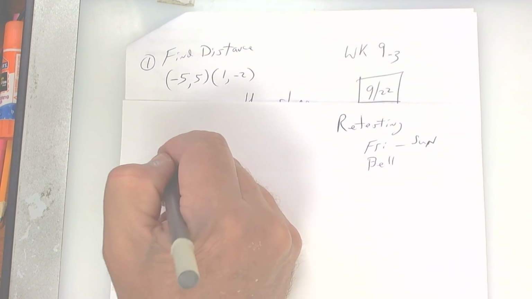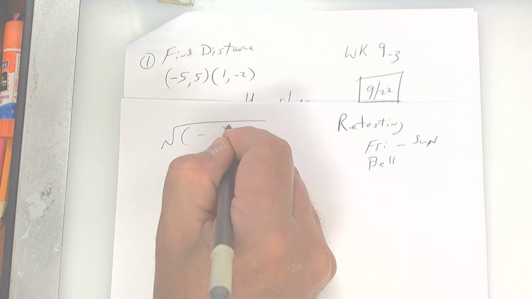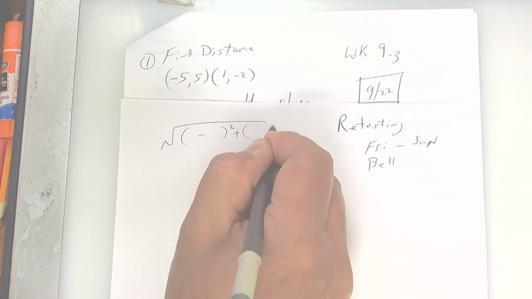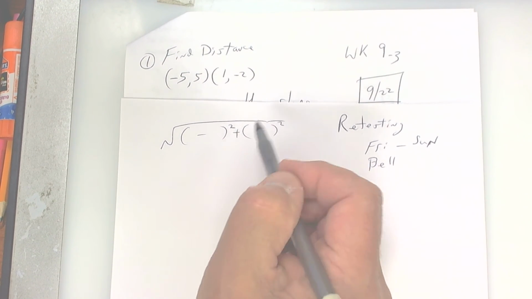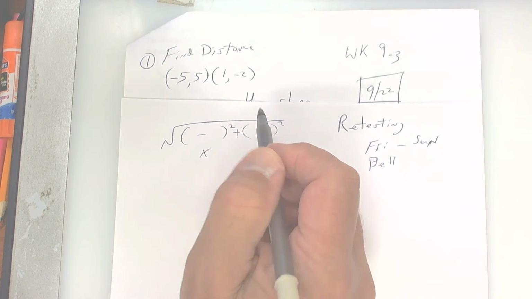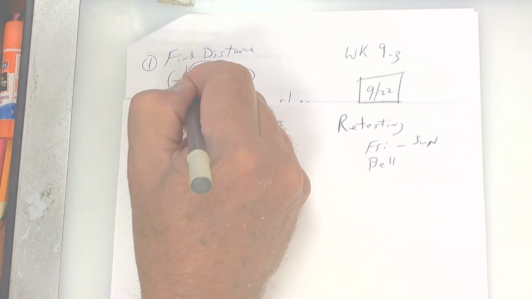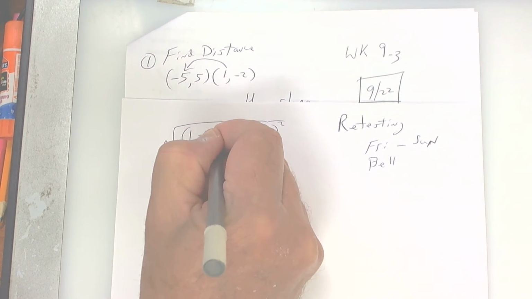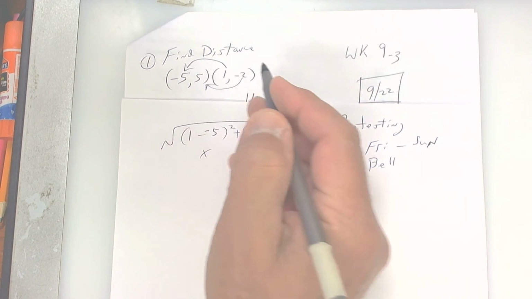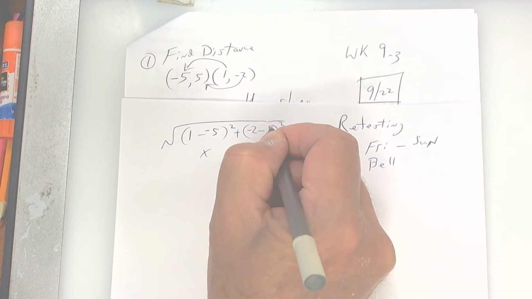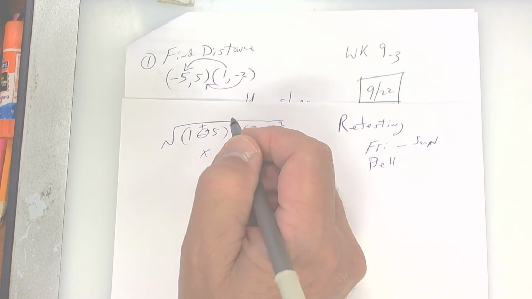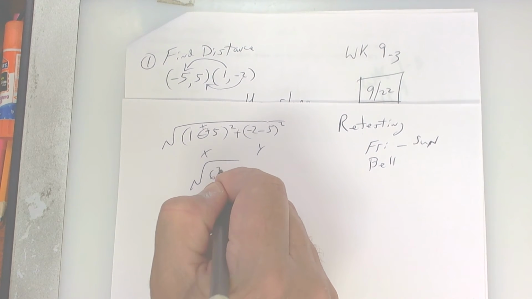Well, the distance formula looks like this, and I want you to write it like this. So you're going to put your x's and your y's separate. So it's going to be 1 minus a negative 5, and then negative 2 minus 5. So this becomes a plus because it's a double, so that gives you 6 squared.